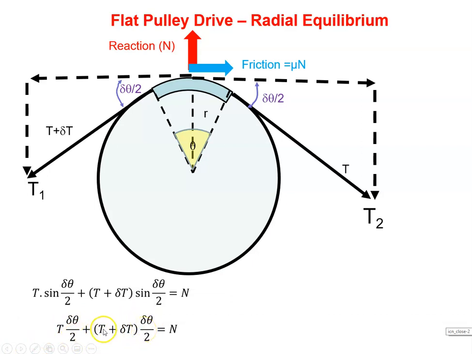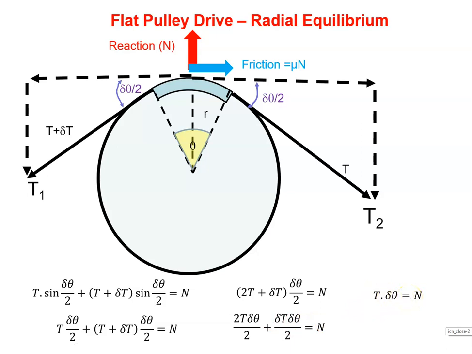So that's 2T plus dT times d theta over 2, and I'm just going to multiply that out. Here I have a really small number multiplied by a really small angle, which is something very small, and we're going to assume that's equal to 0. So that disappears, and 2T times d theta over 2 just becomes T d theta. So my value for N becomes T times d theta.